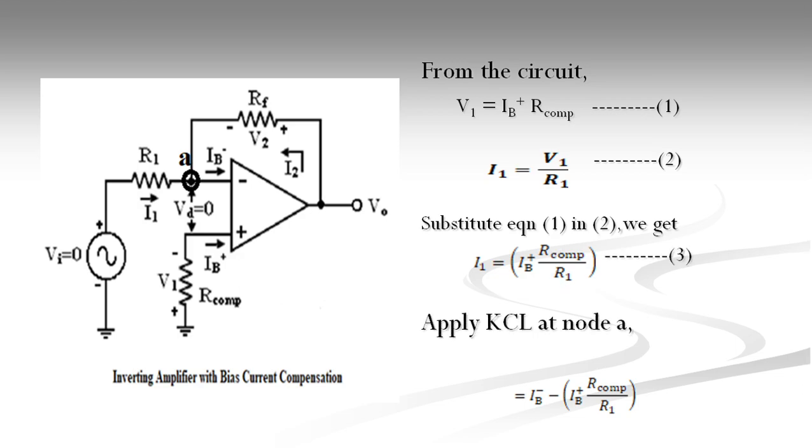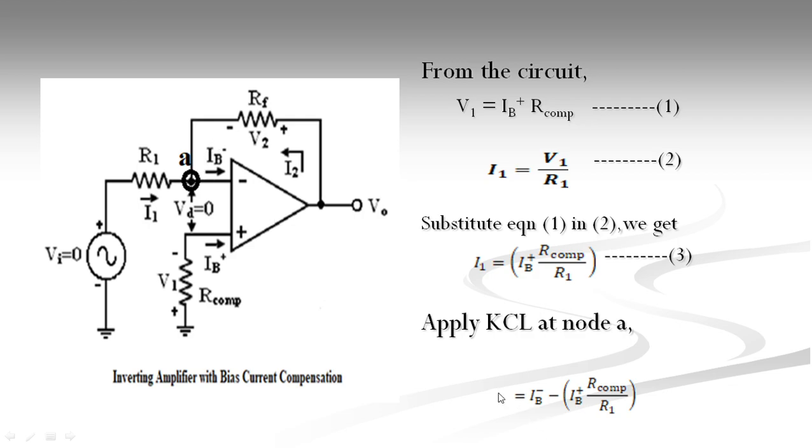Next, we are going to apply KCL at node A. What is Kirchhoff's current law? Let us see what currents are entering this node and what currents are leaving this node. If we see here, the currents that enter this node are the I1 current and, see the arrow mark, the I2 current. The current leaving this node is given by IB minus. So the sum of the currents entering the node will be equal to the current leaving the node.